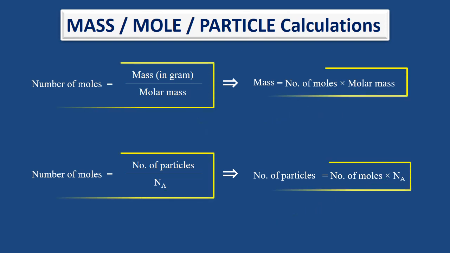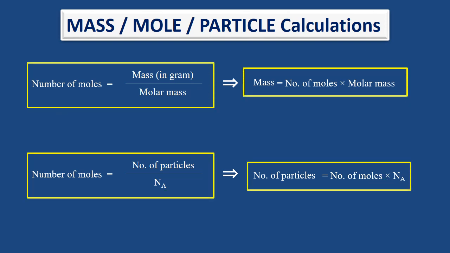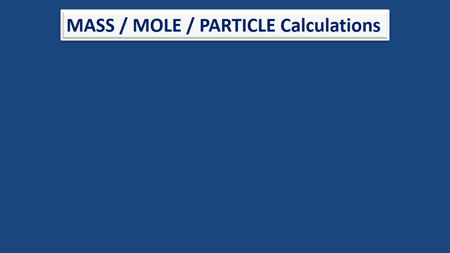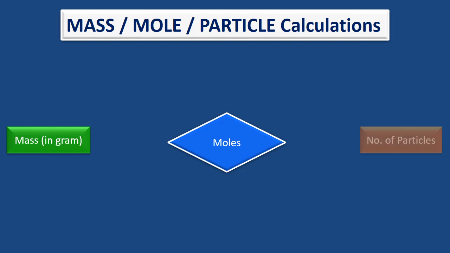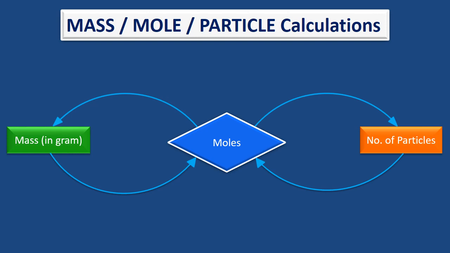Students must learn these formulae by heart to solve the mass, mole and particle problems. To memorize these formulae, you should draw the following figure on your notebook again and again. Write mass on extreme left, moles in the center and particles on extreme right, and then connect them by arrows. 2 arrows are moving towards moles and 2 are moving away from it.